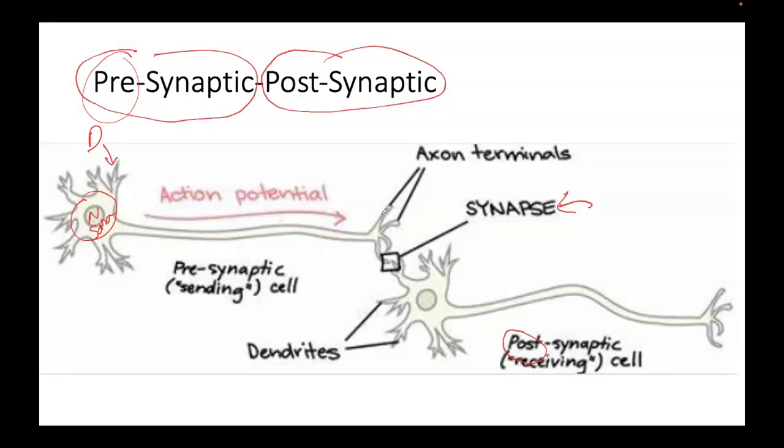At the very end of the axon terminals are those end bulbs, and it's going to signal these dendrites. They're receiving information, and it's going to send the information to the nucleus, to the cell body, and it's going to send that away.